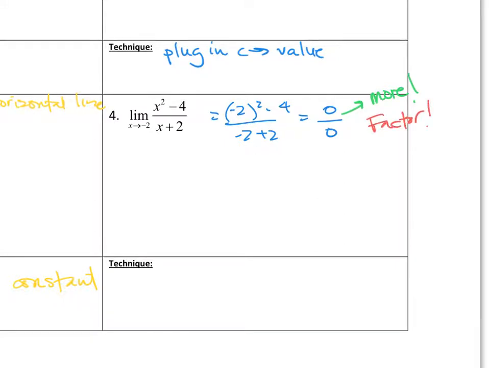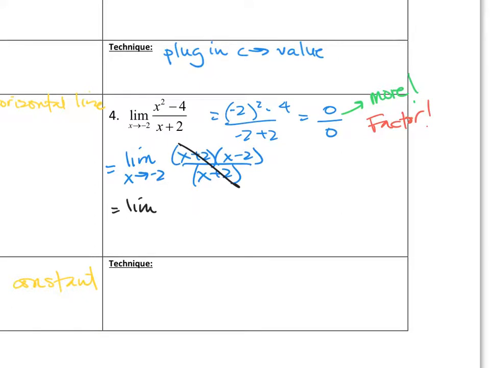Let's write it in this form because we are reducing the function. This is a difference of squares, and if you notice, the x plus 2's reduce to 1. We are left with x minus 2. Plug in negative 2, and we get negative 4 for our limit.